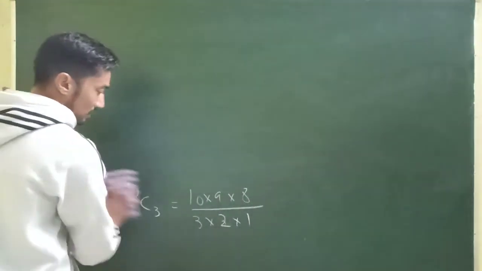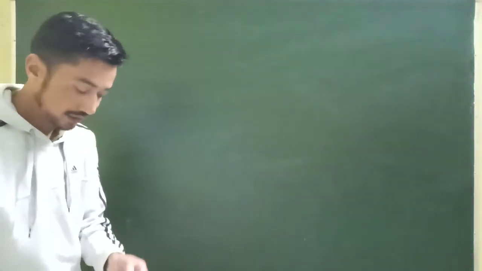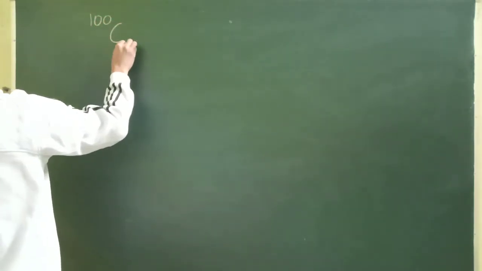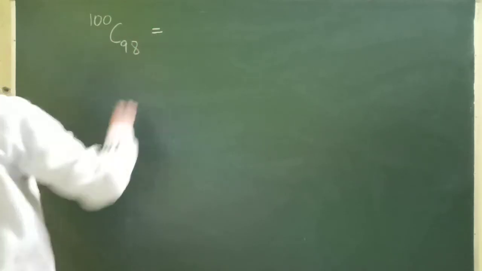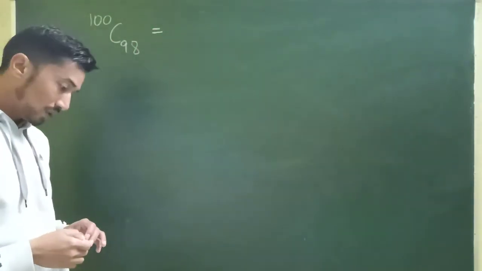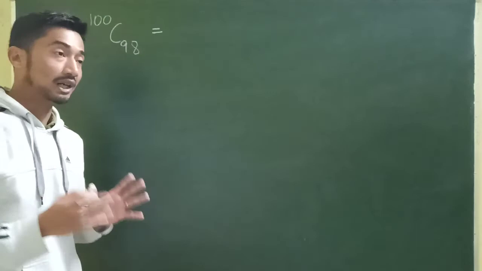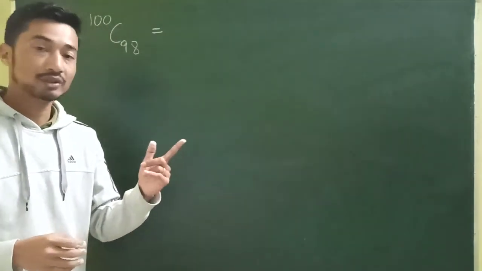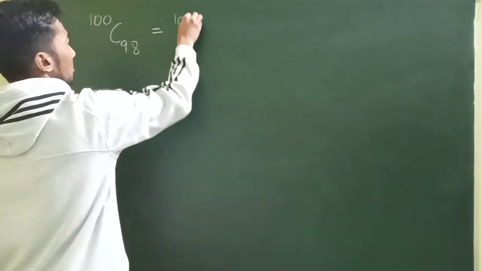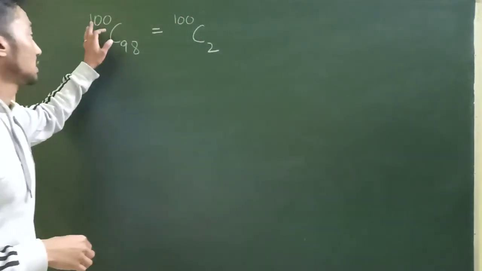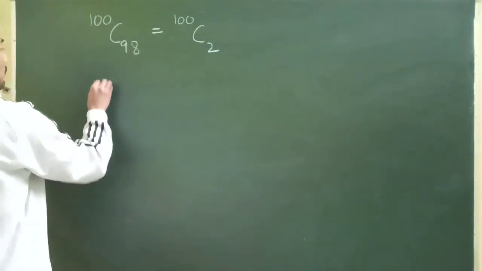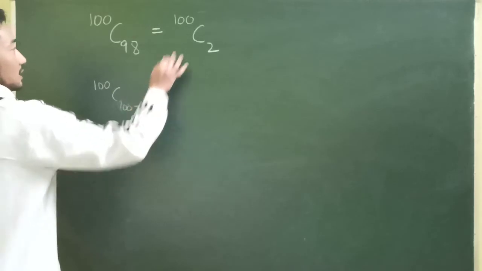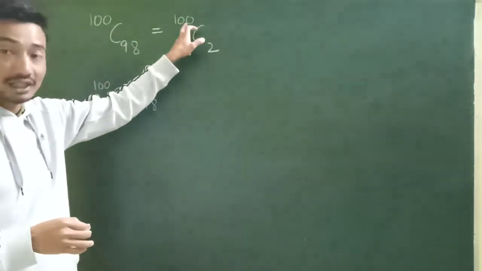Alright, so last practice. Let's take up 100C98. Now for 100C98, instead of going for 98 times, how? That's all the same. We take the help of complementary combinations. So instead of 100C98, I will use 100C2, because 100 minus 98 is 2, and 98 plus 2 is 100.